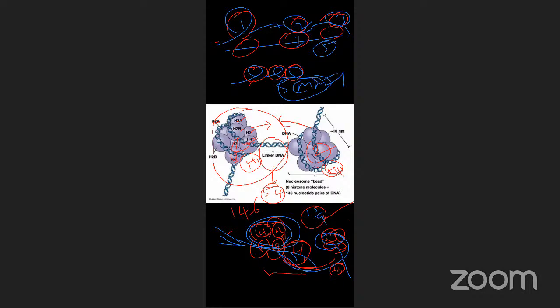In a nucleosome, this is one histone protein unit, but in the solenoid, 6 nucleosomes, 1, 2, 3, 4, 5, 6 together, are considered as one unit, that means one turn. Many such closely packed solenoid structures pack the entire DNA of the chromosome.